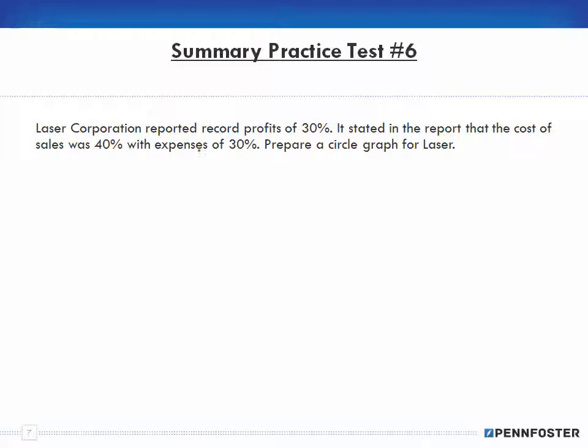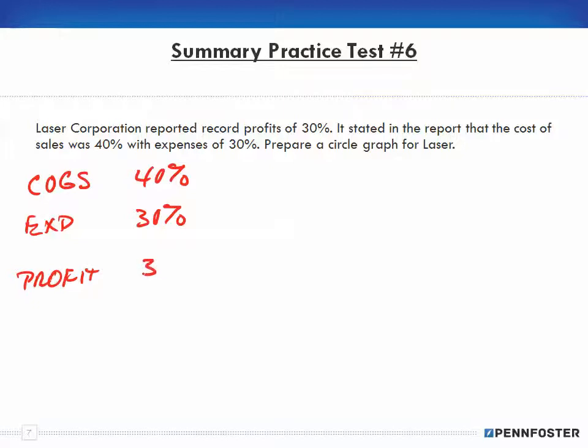We have the cost of goods sold is 40%, expenses are 30%, and profits are 30%.